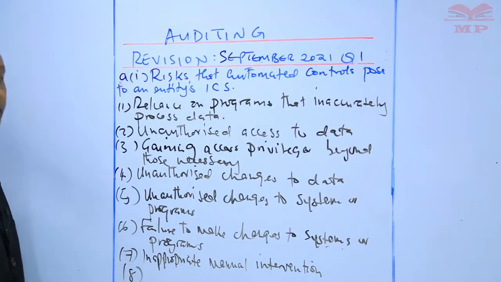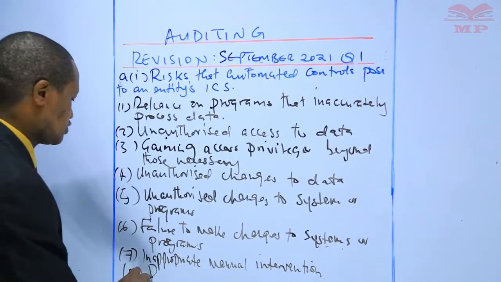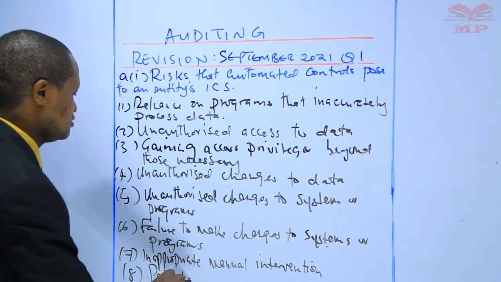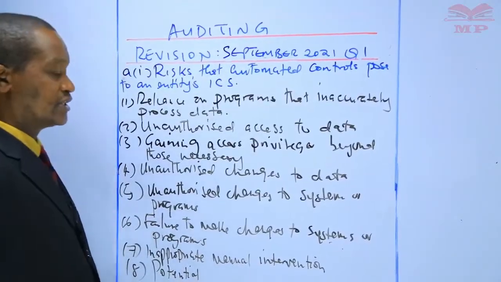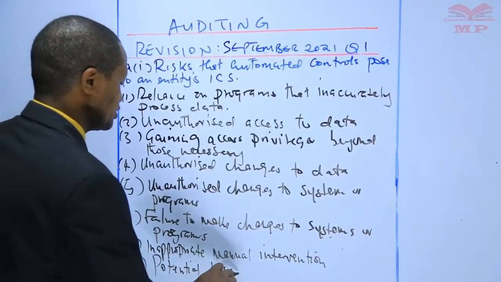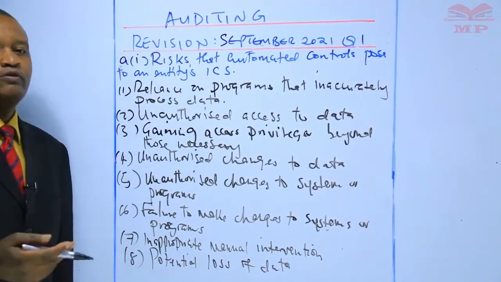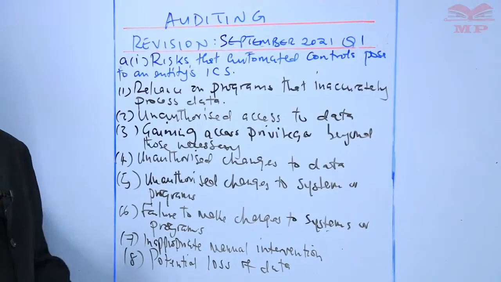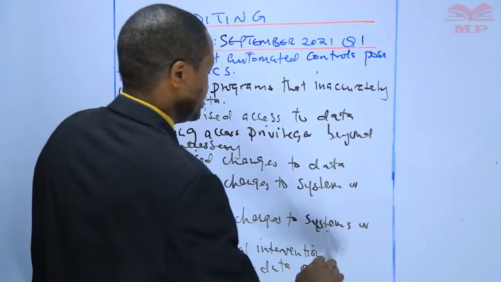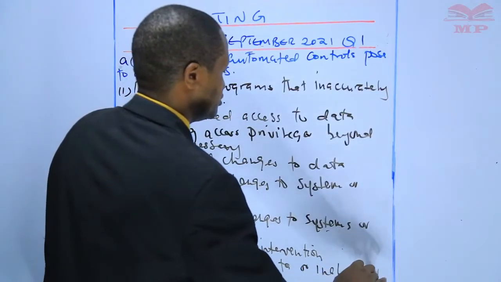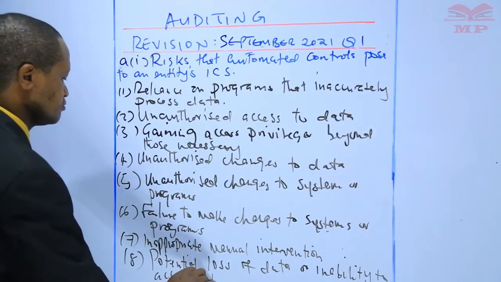Number 8 is potential loss of data. When running automated controls, there is that possibility that data may be lost. There is that risk of potential loss of data or inability to access data.